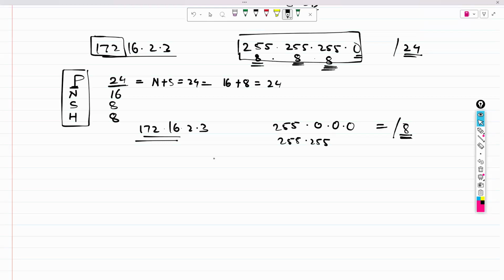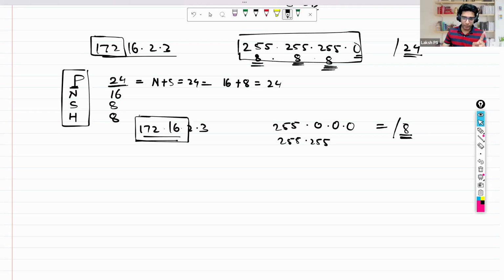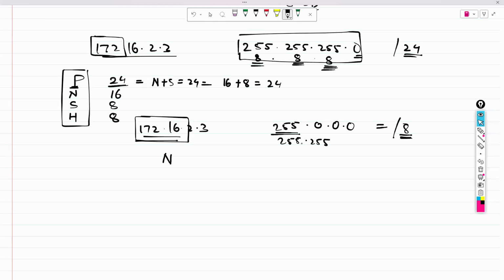So if your class network bits are higher than your address bits, then that means a problem. Network bits are higher than network plus subnet bits. Exactly. Okay.